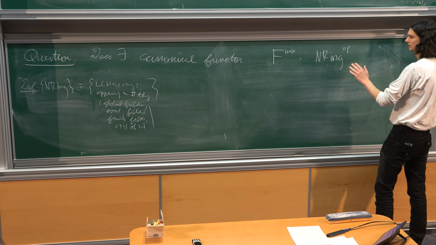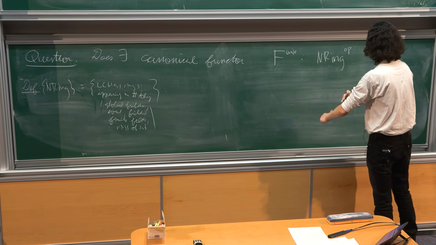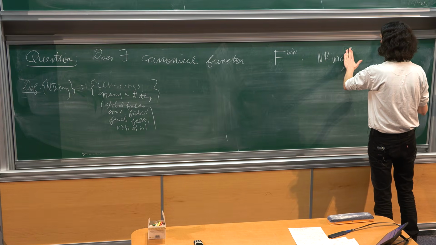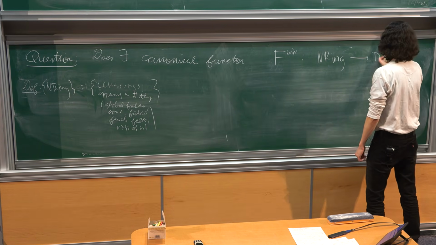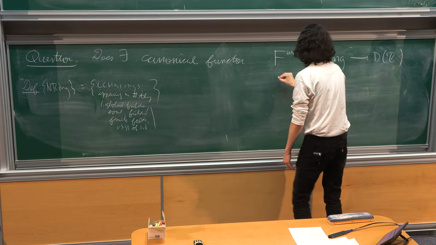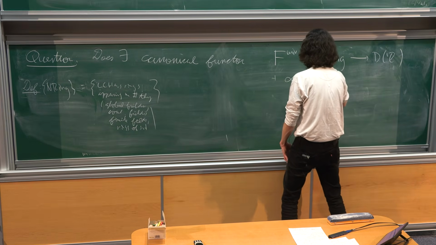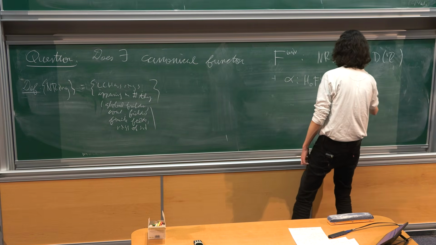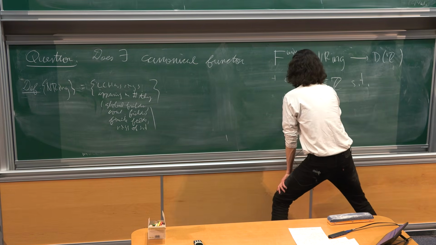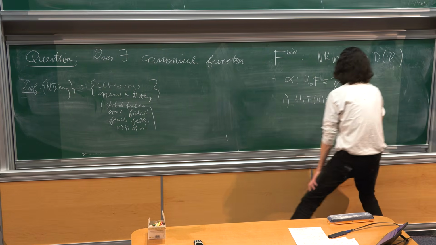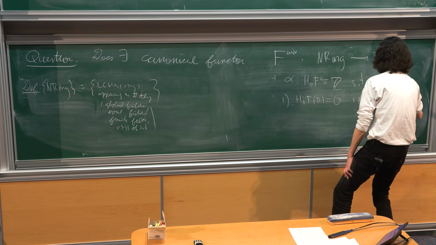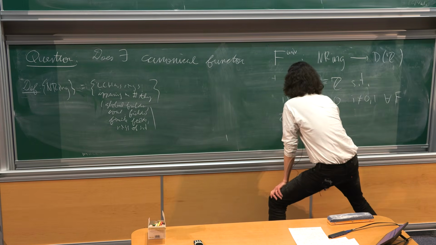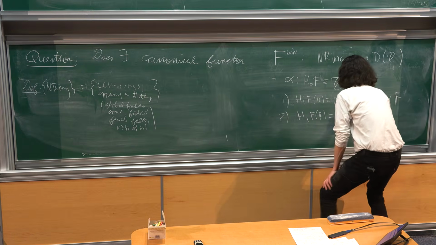Cauchy. I'm getting confused about my ops perhaps. No, this is right. Okay. Plus an isomorphism such that, one, H^i F(R) equals 0 for i different from 0, 1 for all R. The second thing is that H^1 F(R) is the usual class group.